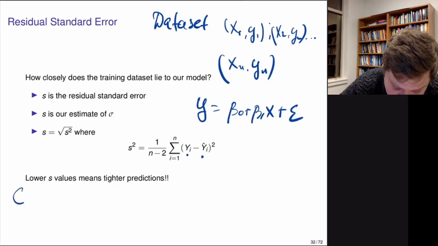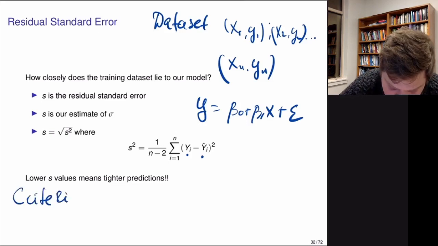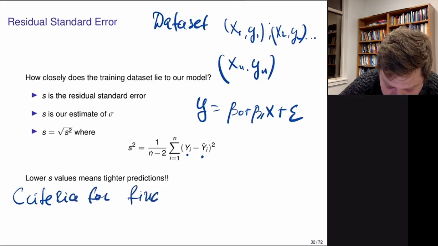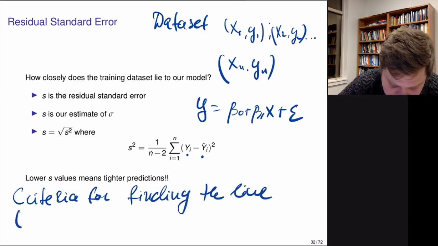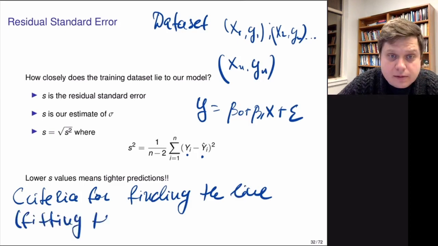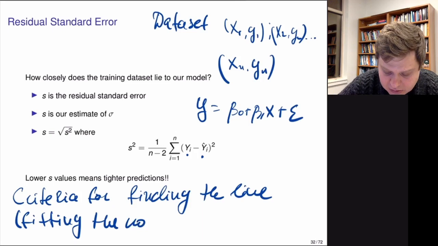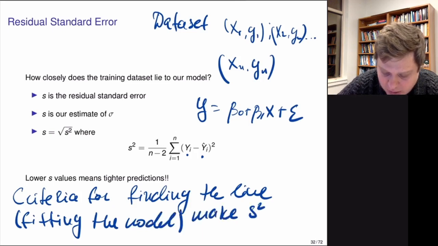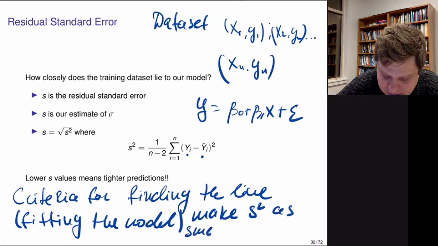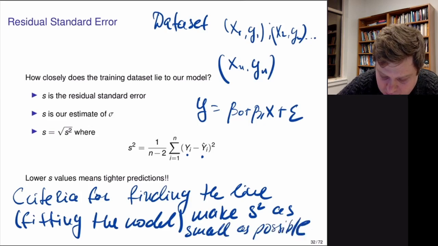So that's our criterion for finding the line, or in other words, fitting the model: make s squared as small as possible, right?